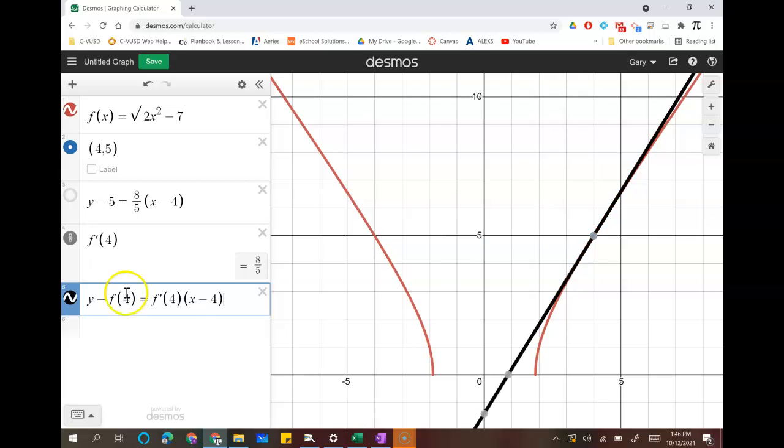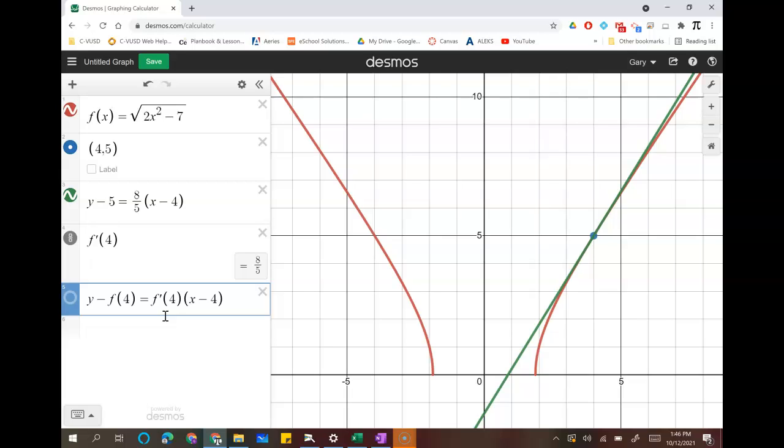And there we have the exact same tangent line, right on top of each other, which is really pretty cool. And again, this is using the function notation and the derivative feature of Desmos.